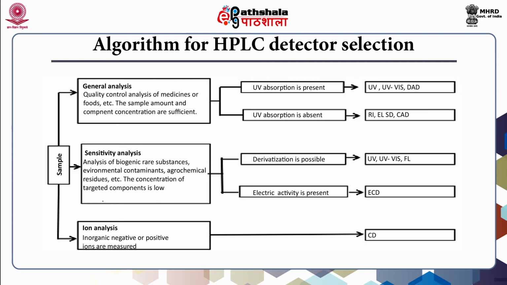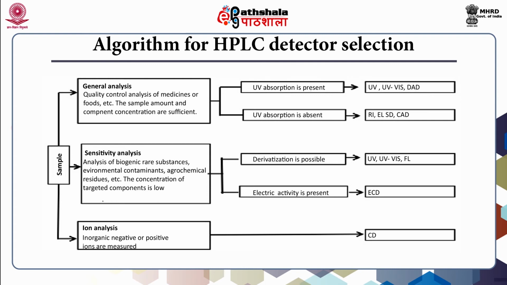CAD detectors. Suppose we need to analyze rare biogenic substances like environmental contaminants, agrochemical residues, etc., and also the concentration of which is very low. In that case we have two options.